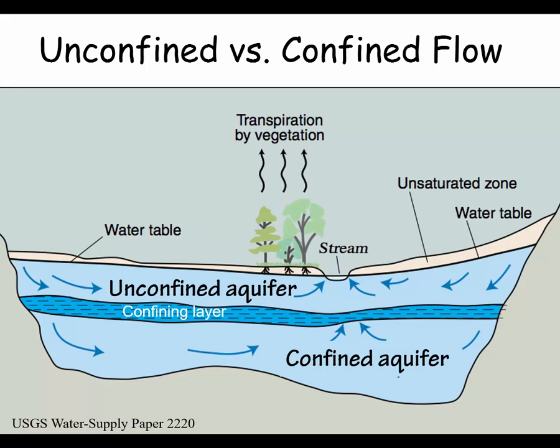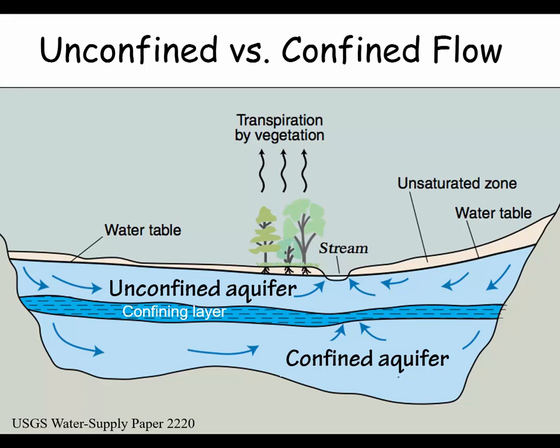Okay. Well, let's go back to looking at our aquifers, and we've largely been talking about unconfined aquifers, aquifers that are basically exposed to the air, albeit at the water table, and often merge with the stream. But we also have confined aquifers. Now, confined aquifers are separated from the surface by a confining layer.